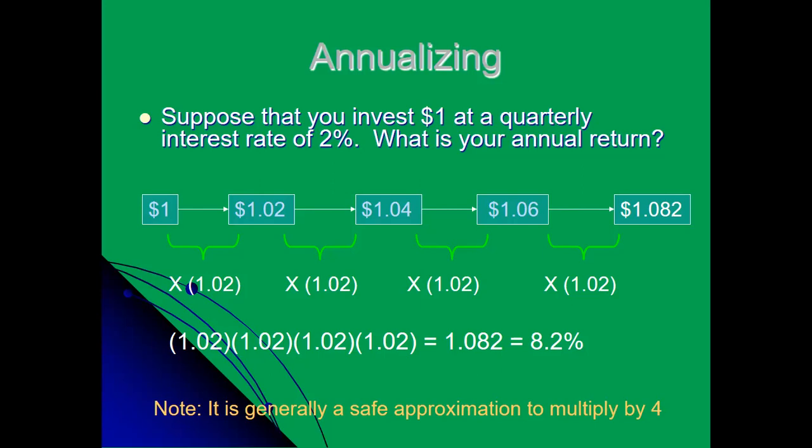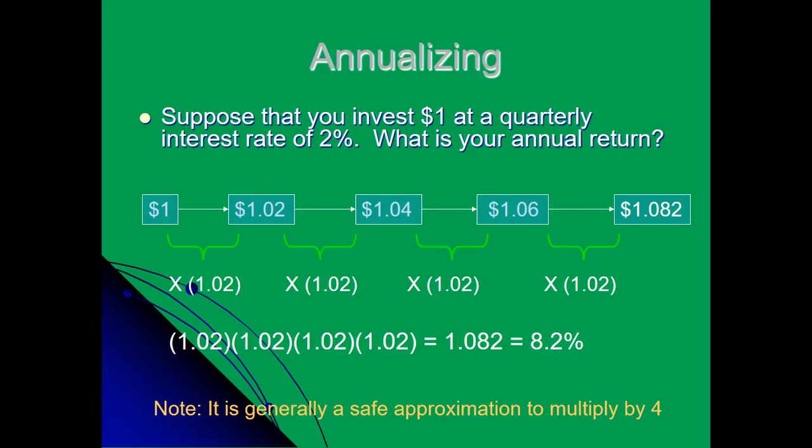In this example on this slide, suppose that you invest $1 at a quarterly interest rate of 2%. So what is your annual return? If you look at the illustration, it earns 0.02 of a dollar after the end of a certain quarter.